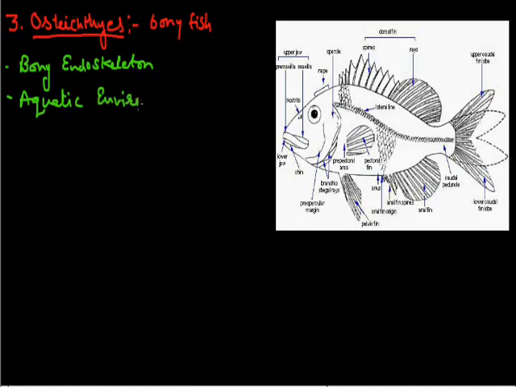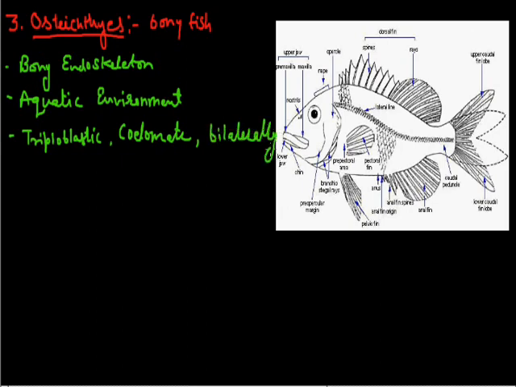Some common features are present in all the fishes, such as diploblastic, coelomate, bilateral symmetrical. These fishes are also spindle in shape, which is useful for swimming in water. They have an endoskeleton made up of bones and an exoskeleton made up of scales, the cycloid and ctenoid scales.